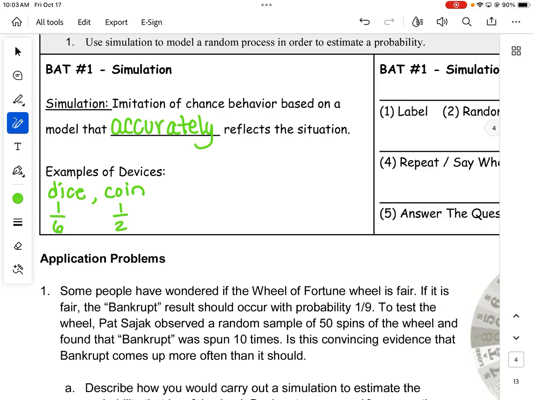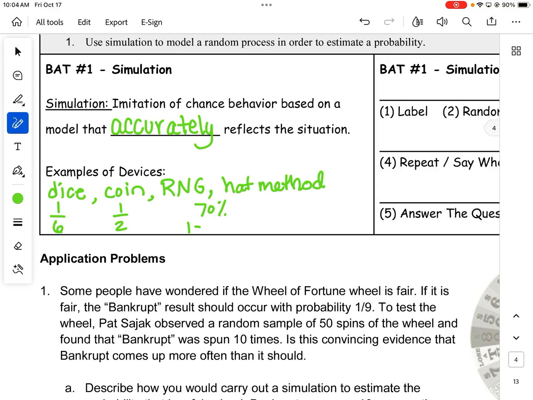What else could we use to simulate some kind of situation, chance probability of anything? Yeah, random number generator. The hat. Yeah, the hat method. So for the RNG or hat method, if you say it has a 70% chance, then you would have to label something as yeses, something as nos.